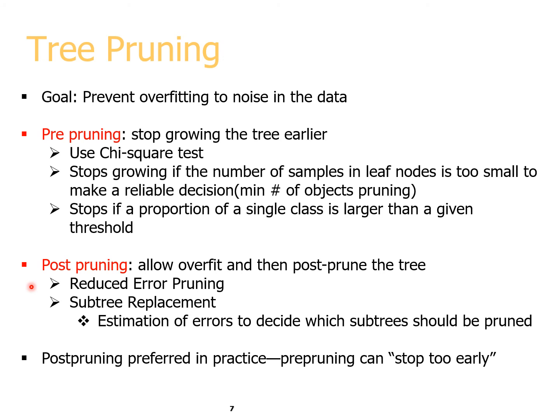The way it works in reduced error pruning is the following. You have the original decision tree, and then using validation data, I told you you have training data and validation data. So using validation data, you test the performance of the original decision tree, okay?